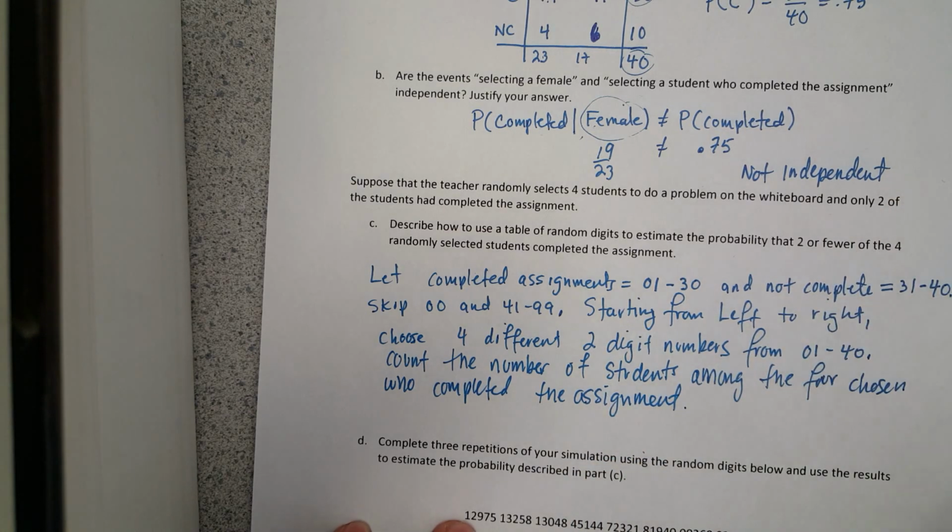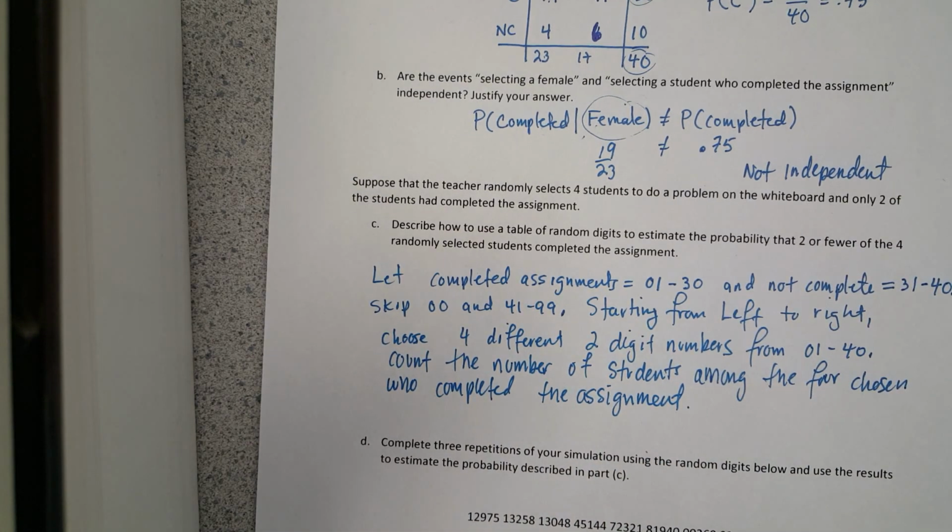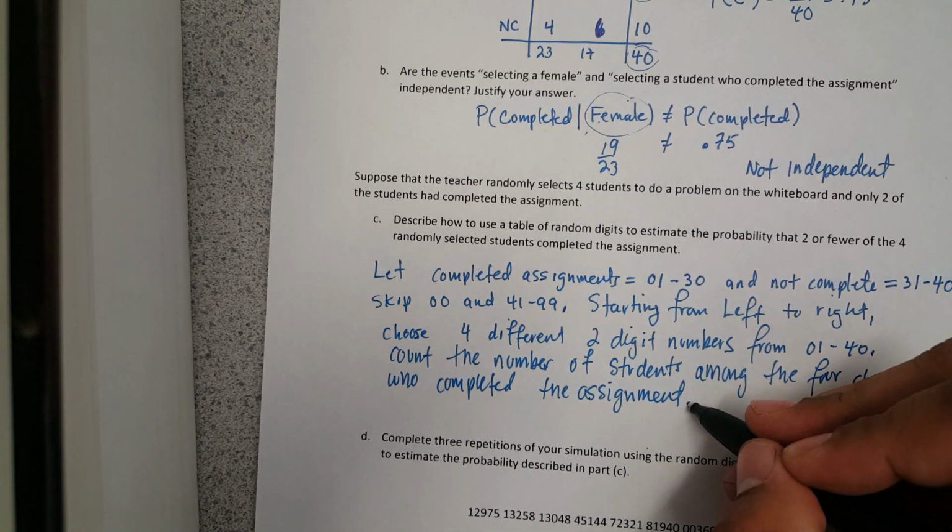Okay, so once we get our 4, we're going to see who of the 4 completed the assignment. Okay, all right, and then once we have that, that's the one example we're going to have.